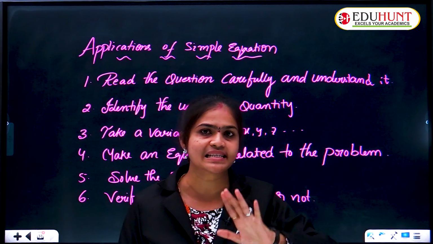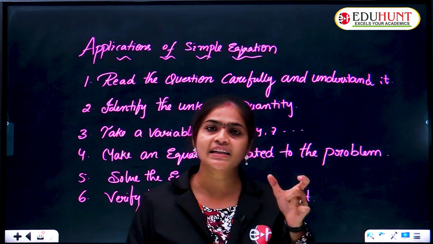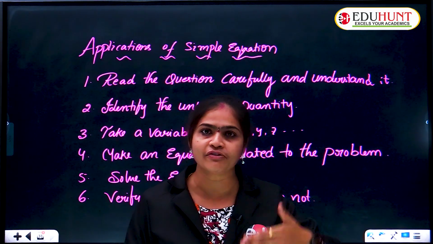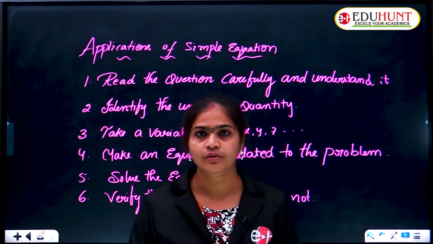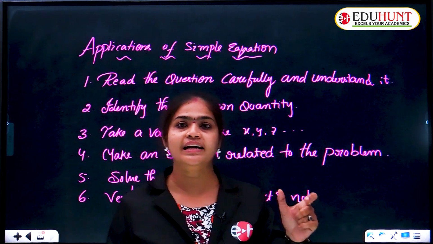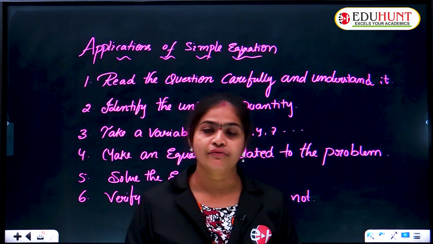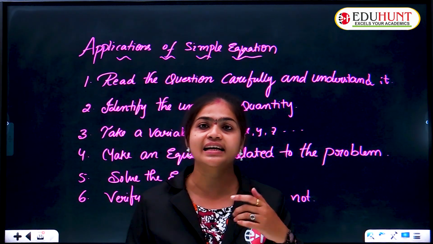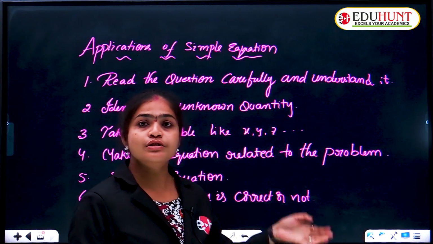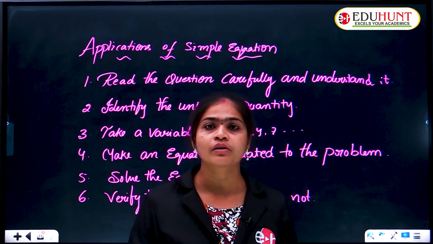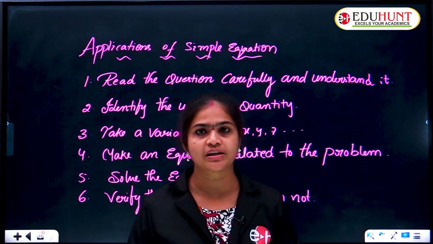After forming it, first you have to simplify it, and after simplification you will get the answer. And the final step is verify that the answer is correct or not, that the answer you got is the correct root or solution to the given question. So these steps you have to follow for application type questions.